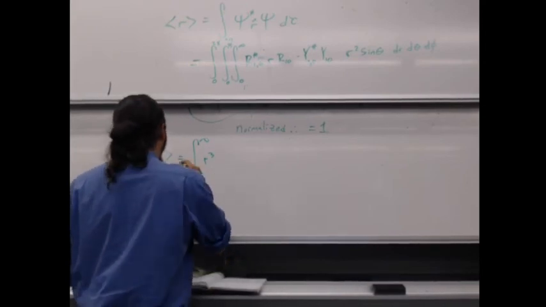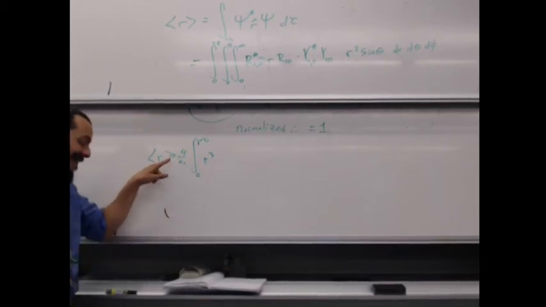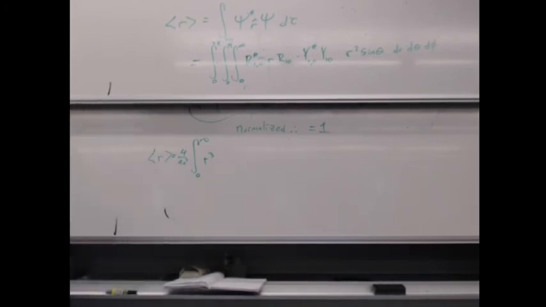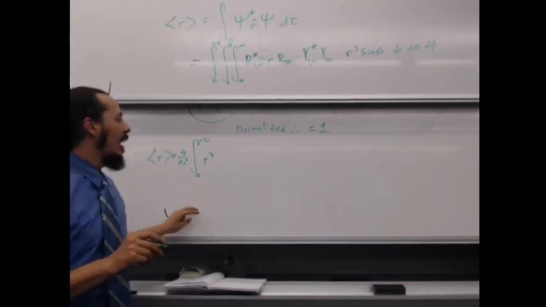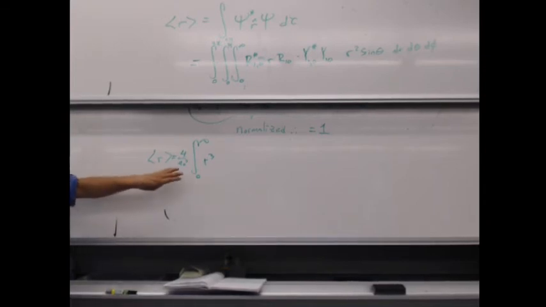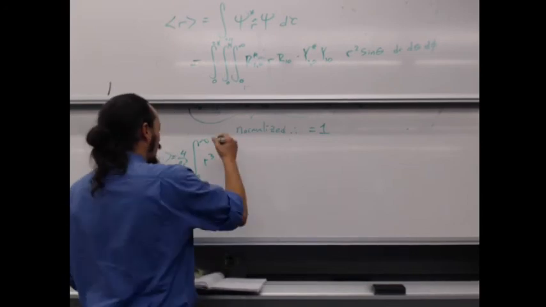R cubed, I'm going to have the normalization constant out front, the thing that I forgot in my code. You had to have your normalization constant. In this case, you'll notice I dropped the Z. We're just doing this for hydrogen, so Z equals 1. And this is the normalization constant. This is that constant squared, r cubed.